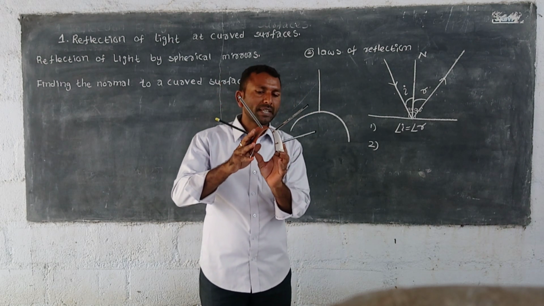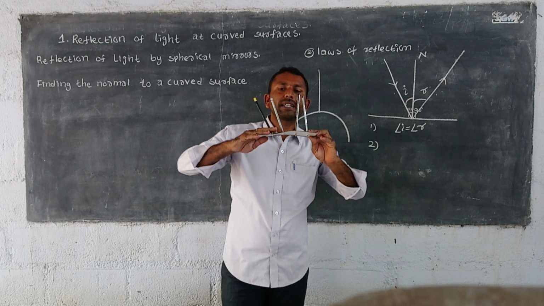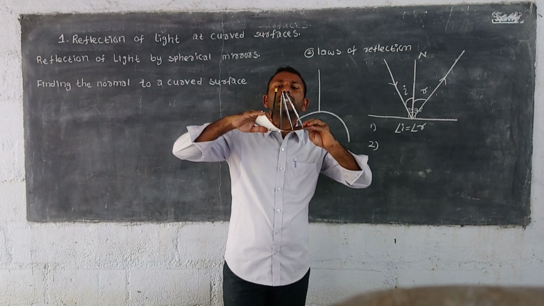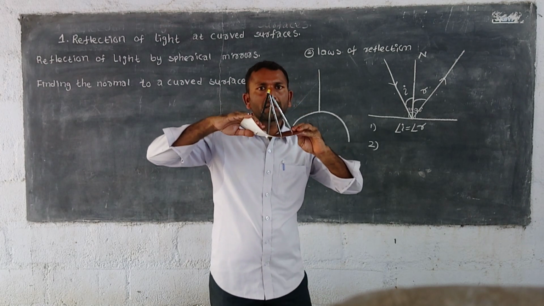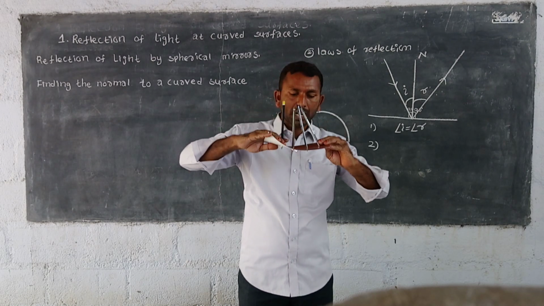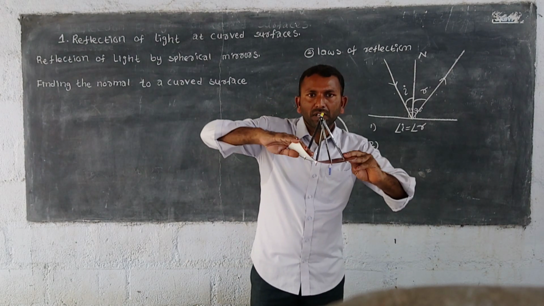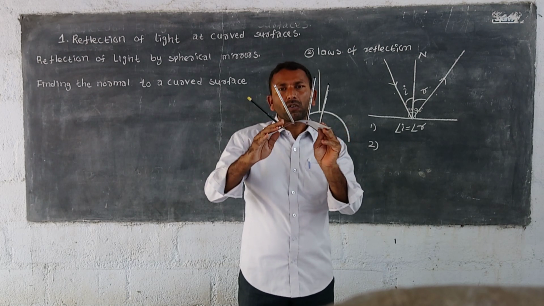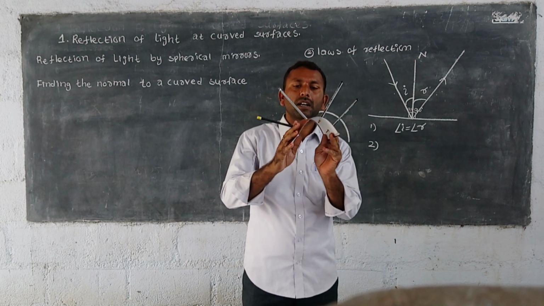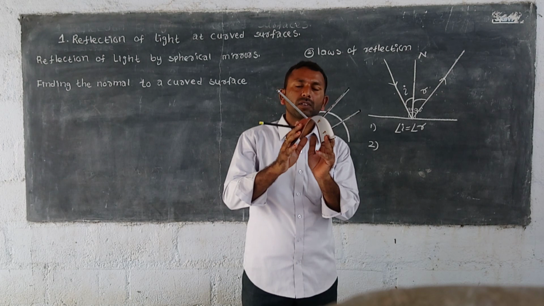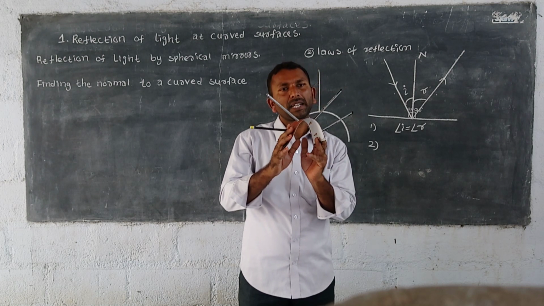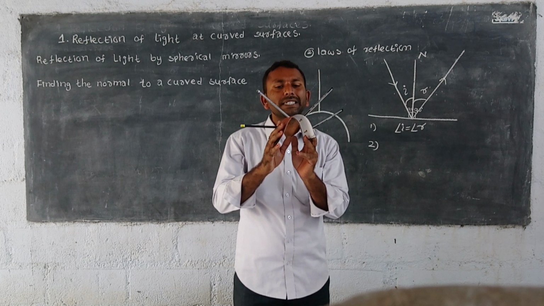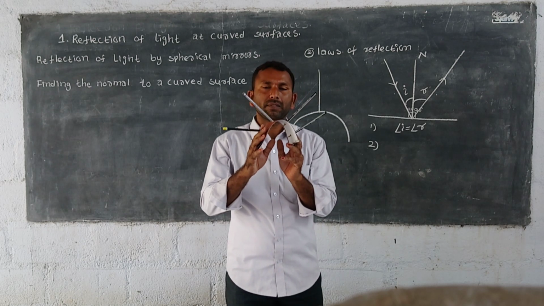So in the first case we bend in the inward direction. This is like a concave mirror. That means all the light rays are converging at one point. And in the second case we are bending the foam in the outward direction. That means they are moving in their own way. That means they are diverging from their original places. So this one belongs to the convex mirror.